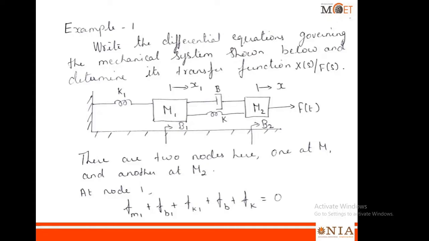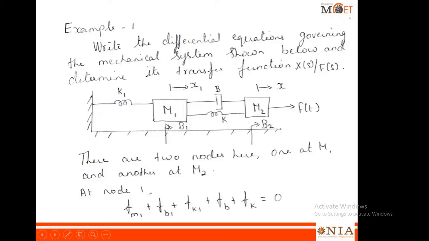Now let's write the differential equation for node 1. So there are 5 elements connected: M1, B1, K, B and K1. The opposing force due to M1 is M1 into d square x1 by dt square, because the displacement corresponding to node 1 is x1.